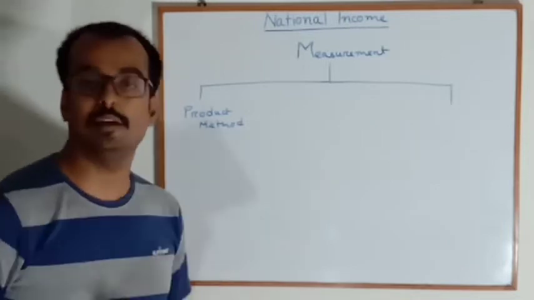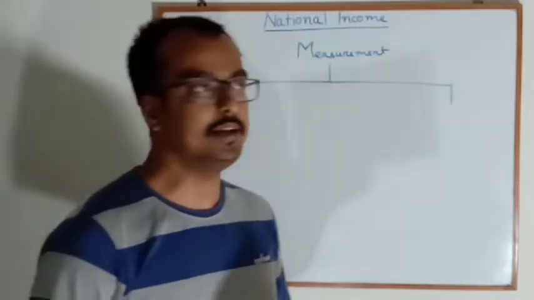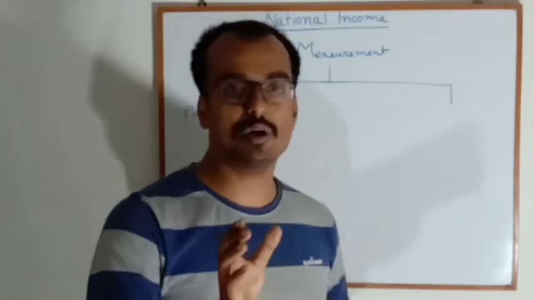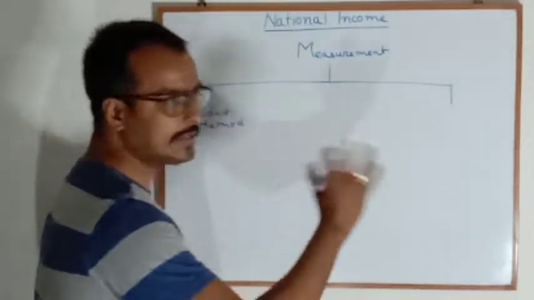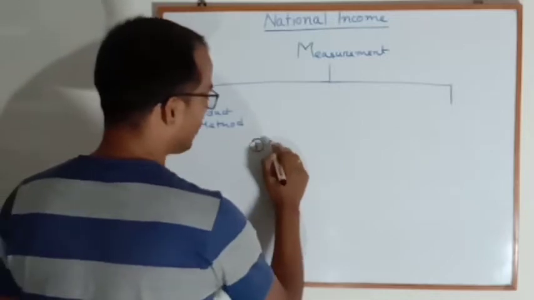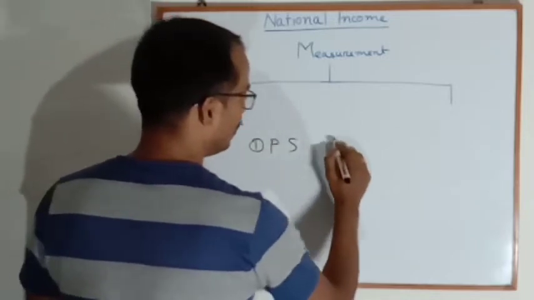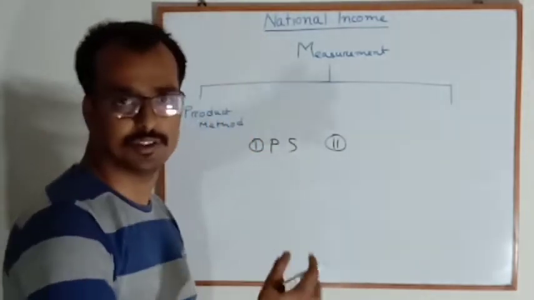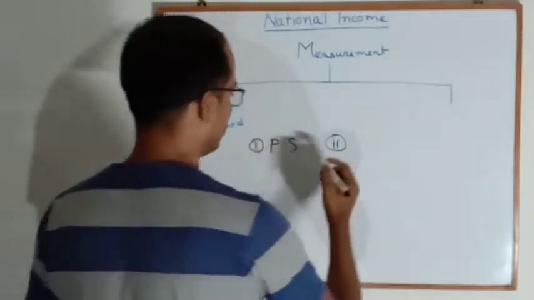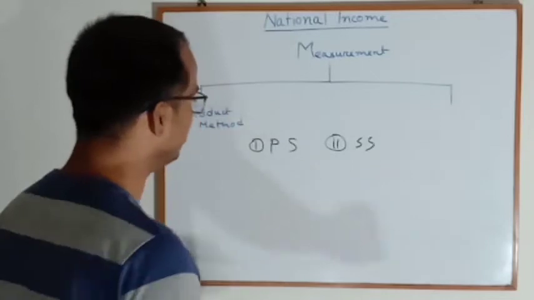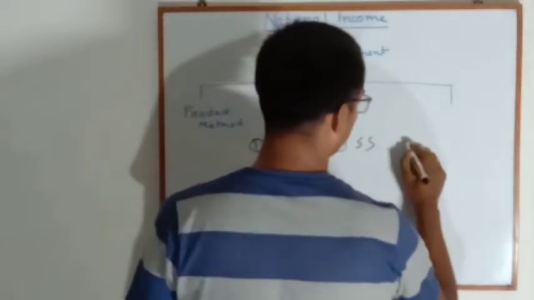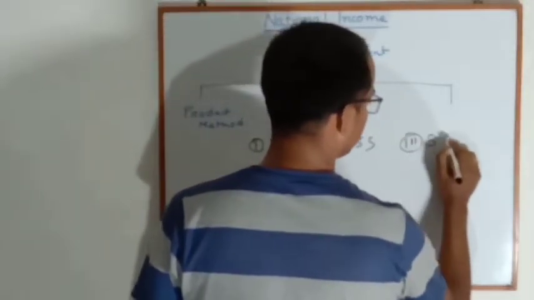All the producing units of the country are basically categorized in three sectors. One is the primary sector, which includes agriculture, fishery and allied activities. Secondary sector, manufacturing and all these things are included there. And the third one is the service sector.